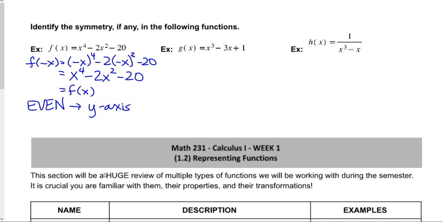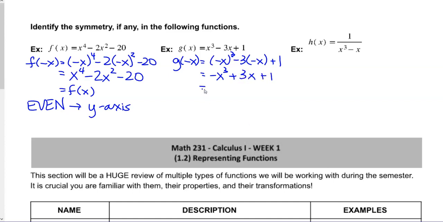Now, if I look at g of negative x, I'm going to plug in negative x, cube it, minus 3 times negative x, plus 1. When I do the negative x cubed, I get a negative x cubed without parentheses. This would end up changing the sign to a positive 3x plus 1.